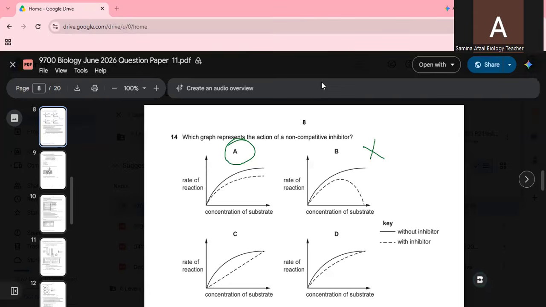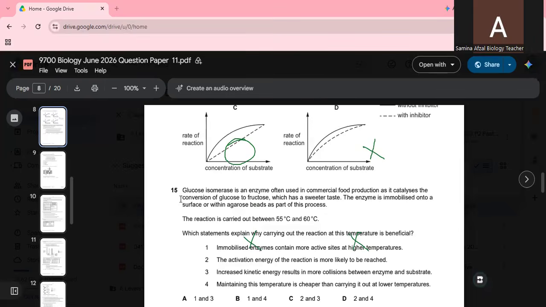So C is not representing the correct answer. Now D shows the rate eventually reaching the same maximum speed as substrate concentration increases, which represents a competitive inhibition, not a non-competitive inhibition. So D is also not a correct option. Only A is there, which is the correct option.